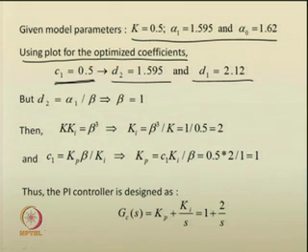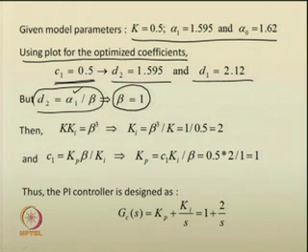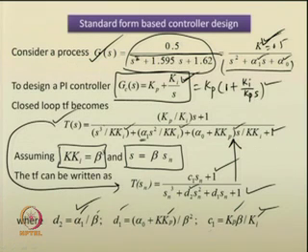Next, D2 can also be expressed as alpha 1 by beta. Alpha 1 is known to us, thus giving us beta. Alpha 1 is 1.595, whereas D2 is 1.595, therefore, beta equal to 1.